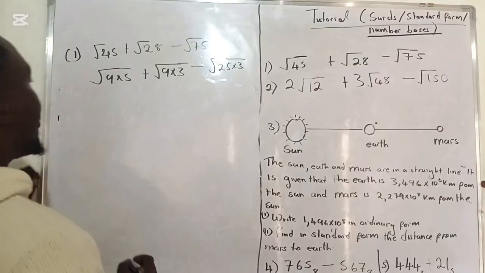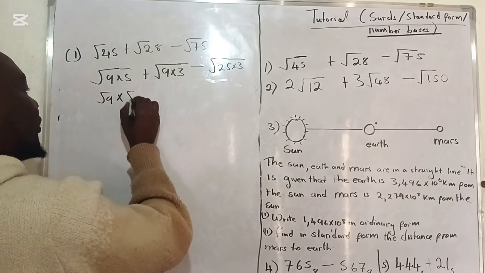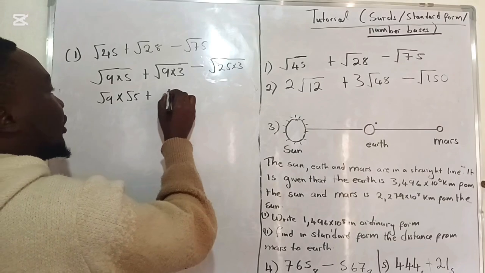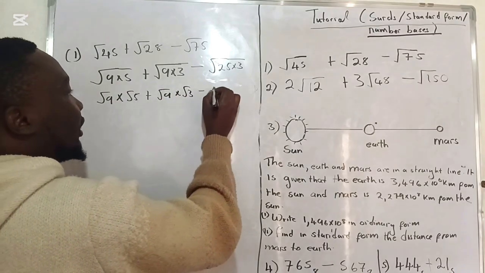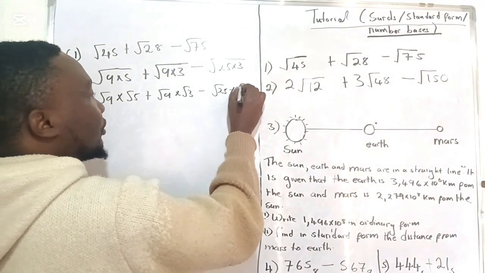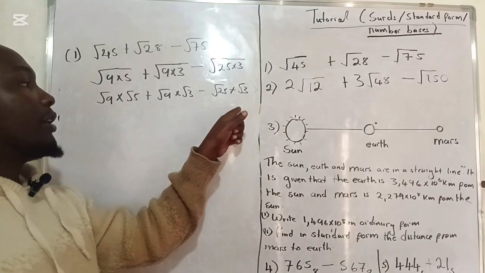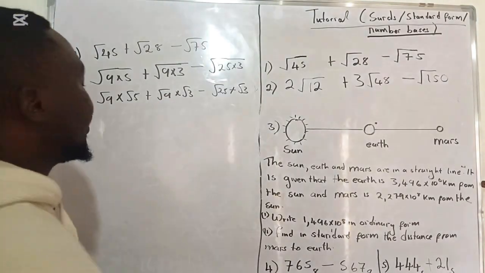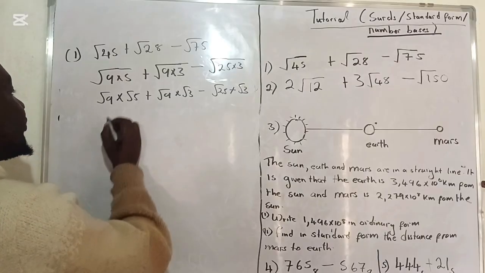So the square root sign is distributive. Let's distribute it. Root 9 multiplied by root 5 plus root 9 multiplied by root 3 minus root 25 multiplied by root 3. Remember, from our order of operations, we begin with the roots, then the multiplication.